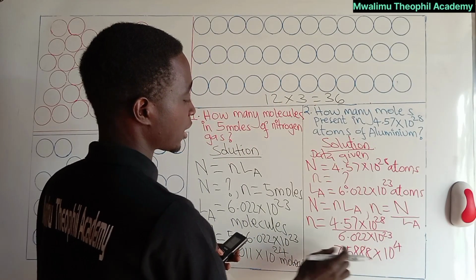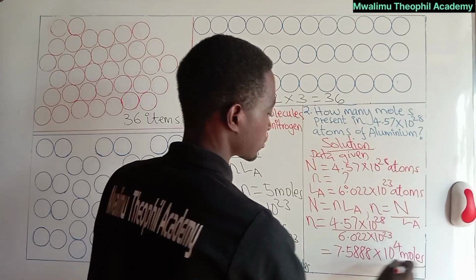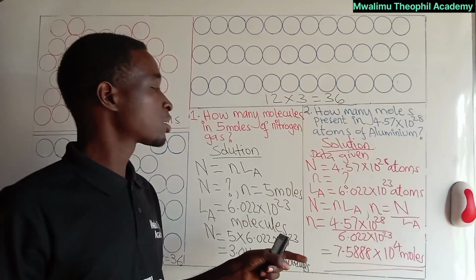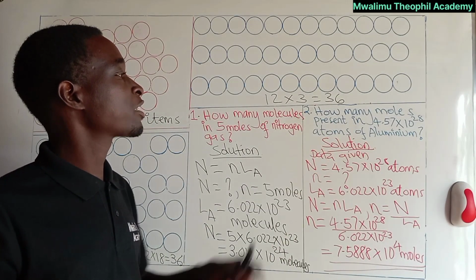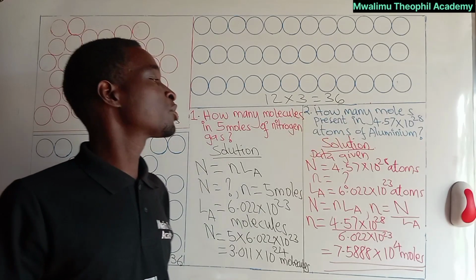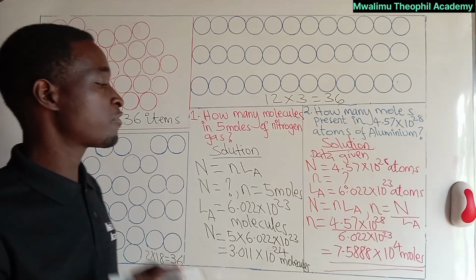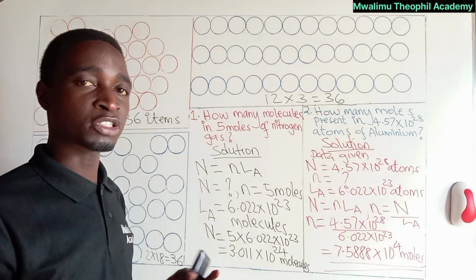These are moles. So the number of moles of aluminium present in 4.57 times 10 raised to 28 atoms is equal to 7.5888 times 10 raised to 4 moles.